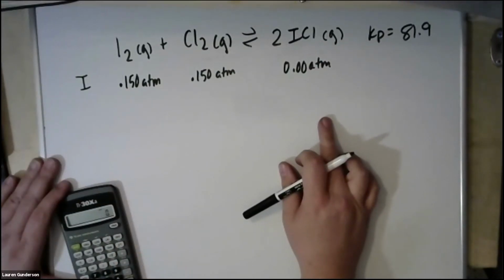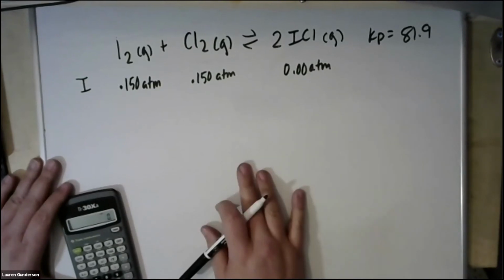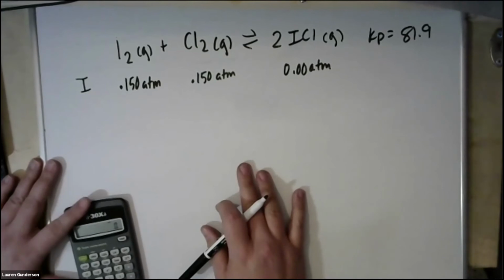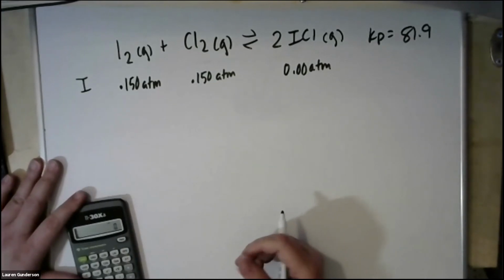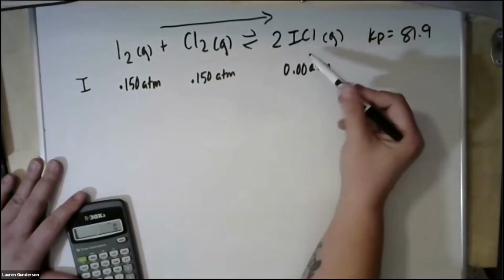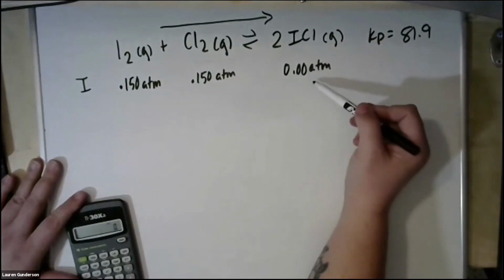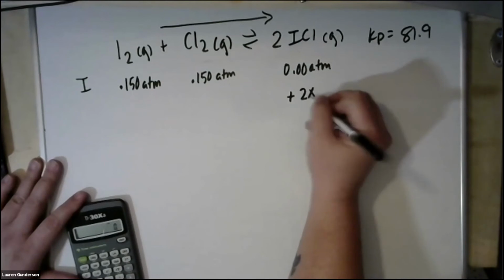But we have the same temperature, same reaction, so we have the same Kp value. In this case, we could calculate Q to prove the direction the reaction is going to go in, but we know it's going to go in the direction where it forms more product because we don't have any product. So we're going to need to create product here.